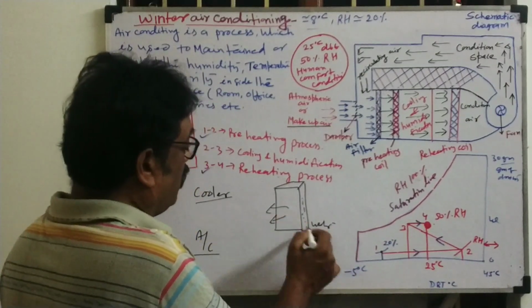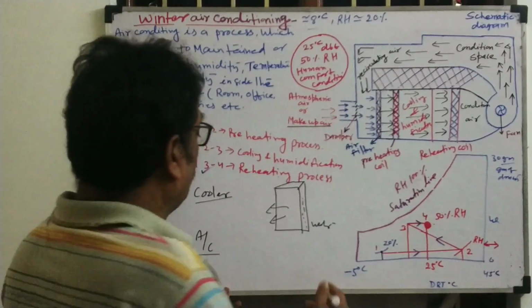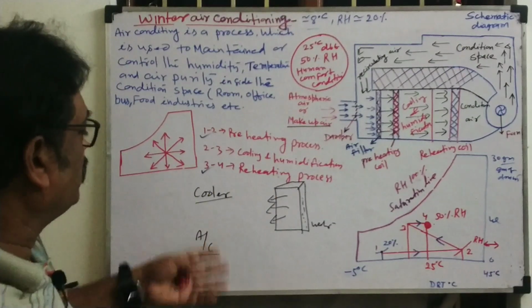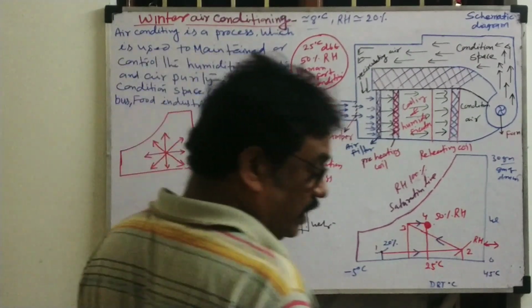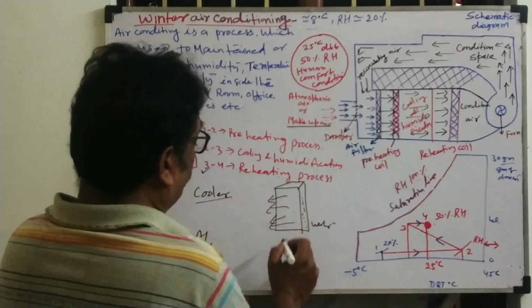And once the air passes through the water, what will happen? Moist or saturated air will be supplied to the room. That is called an evaporative cooler. The cooler is known as an evaporative cooler.